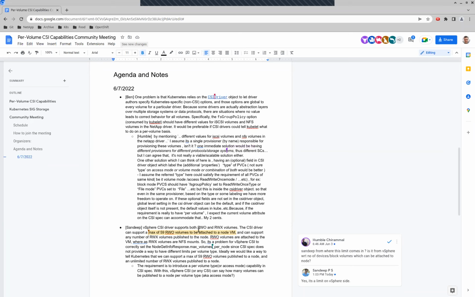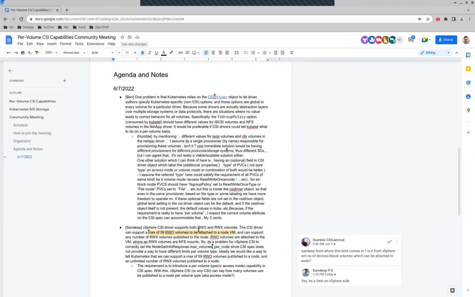I see that Humble wrote a response that I haven't read yet, so I'll read it real quick. Mentioning different values for iSCSI volumes. Do we have Humble here? I guess this is a time that doesn't work for him.